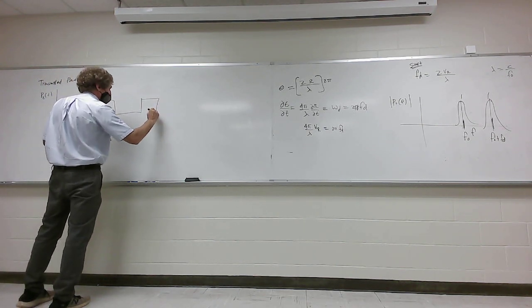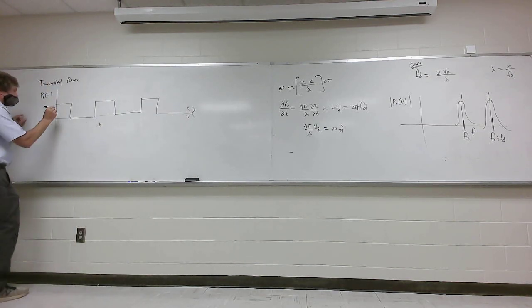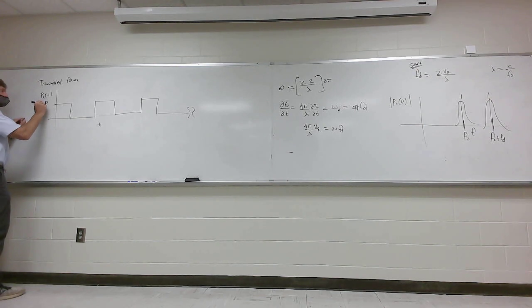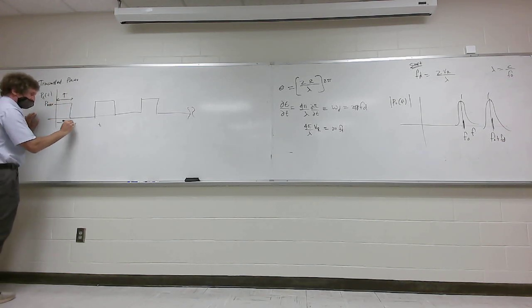This is periodic, and it just goes on and on. This has some level, and you can just call that P max here. And it has a given duration, tau. And the period is capital T.